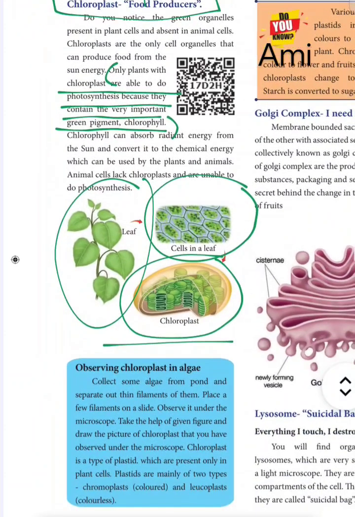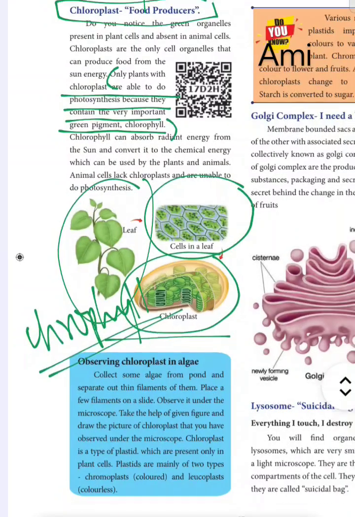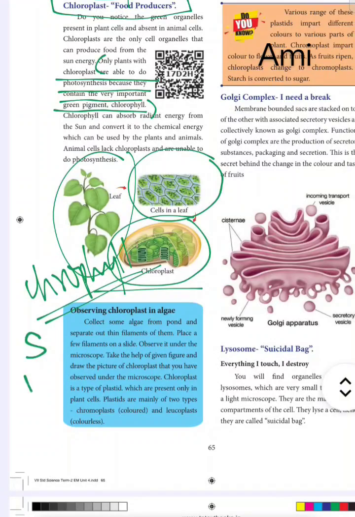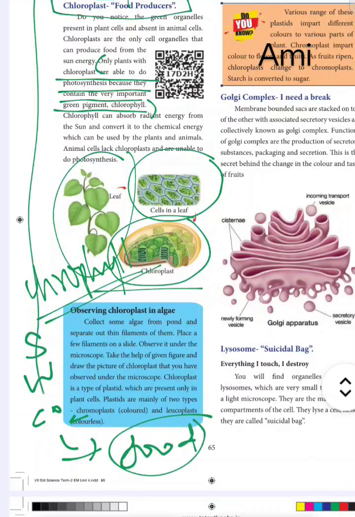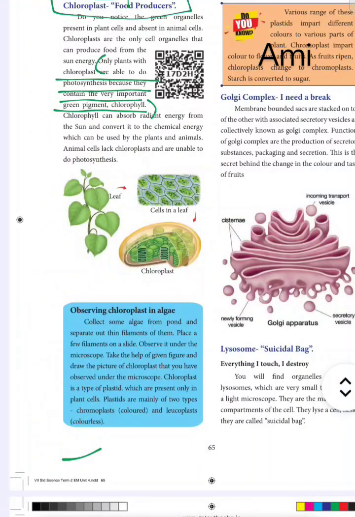This chlorophyll along with sunlight, water and CO2 will produce the food for the plant. Hence they are known as autotrophs because they don't depend upon any other living organism for the production of food.